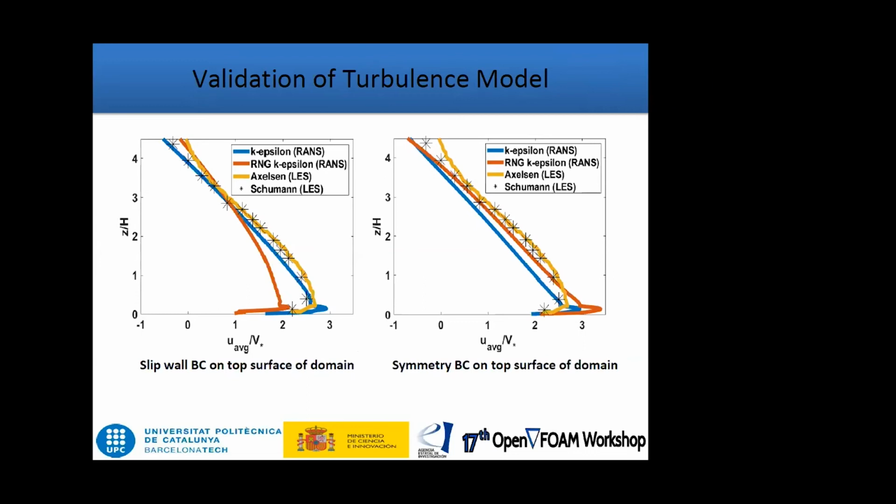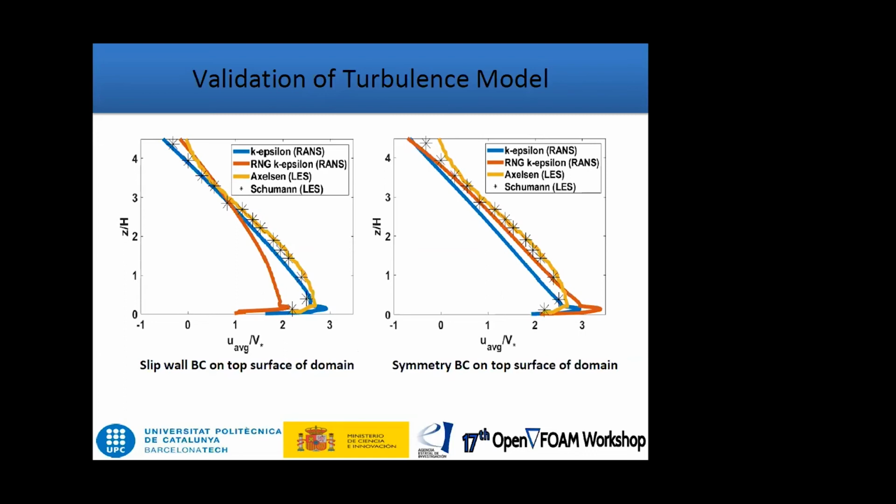It has been seen that the symmetry boundary condition gave an error of approximately 24% when compared with Axelsson, which is the sixth order accurate scheme.